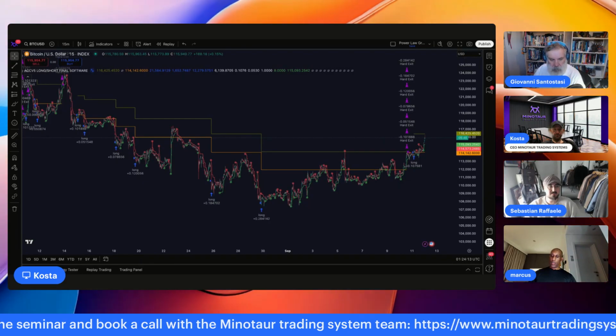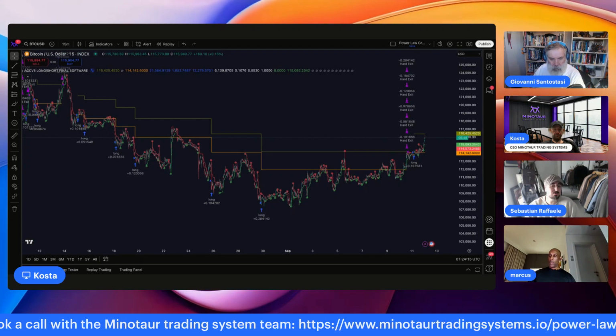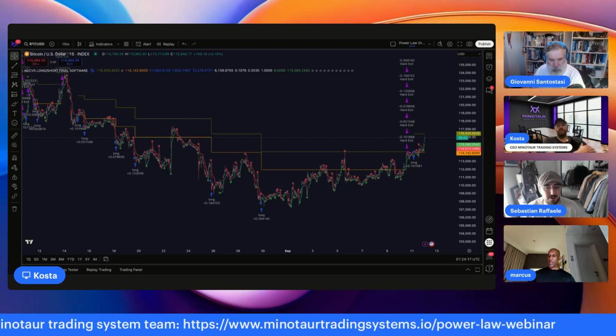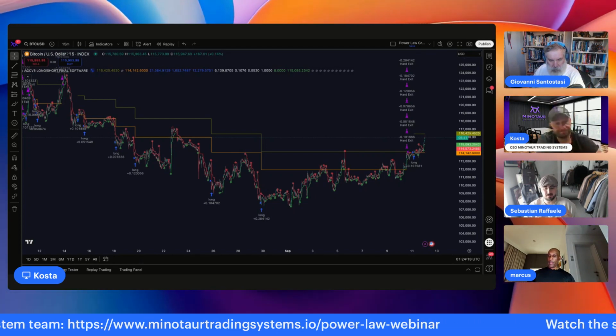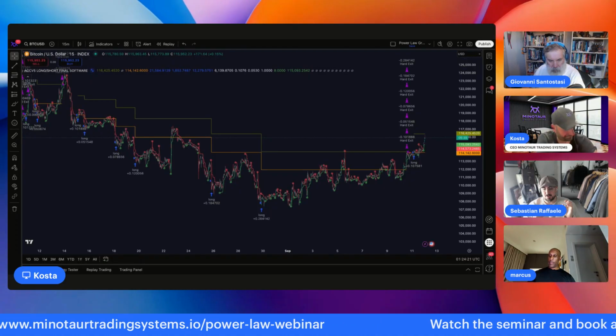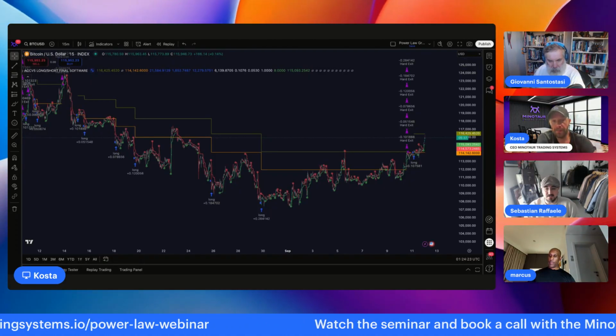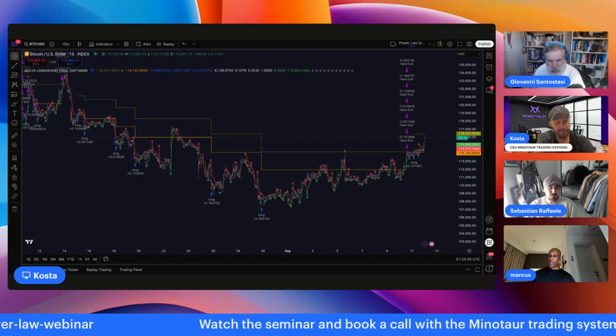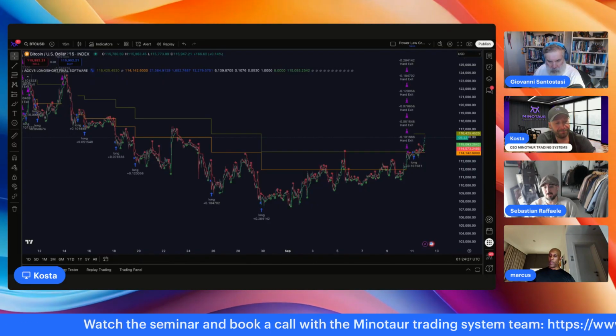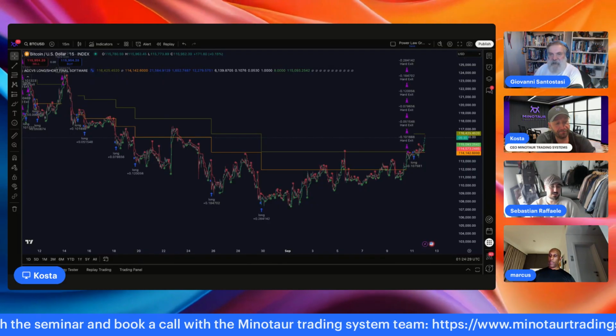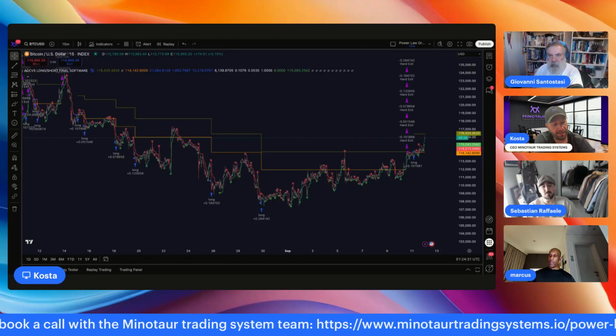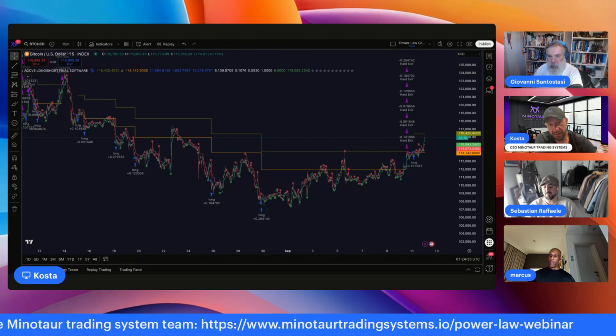And our system is something that you have total control over when it comes to the risk, right? So this is really important. It's not dialing in some settings and hoping that everything is going to be okay. No, you've got total control over where you want your levels, and that's a very unique thing as well. So that's my input on that, Giovanni.